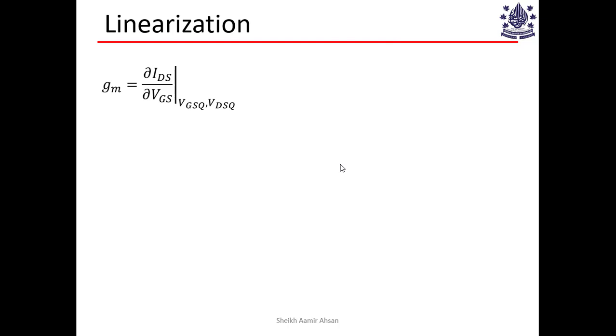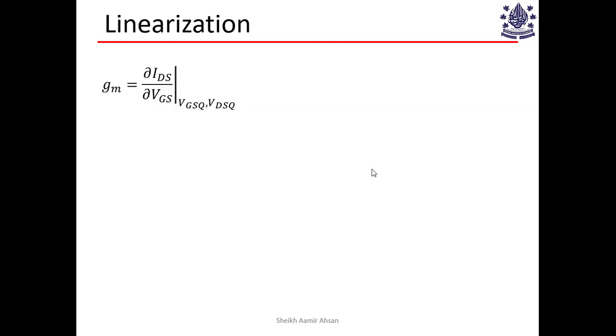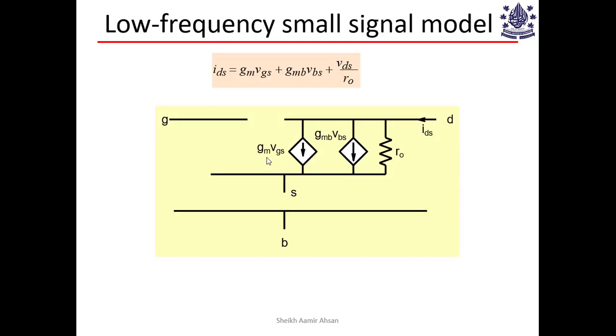Now, earlier I did mention linearization. So let's take a look at one example. How do we linearize some quantity? Most of you would be wondering, how do we get this GM, GMB or R naught, so that we can plug them here and get the overall small signal current.